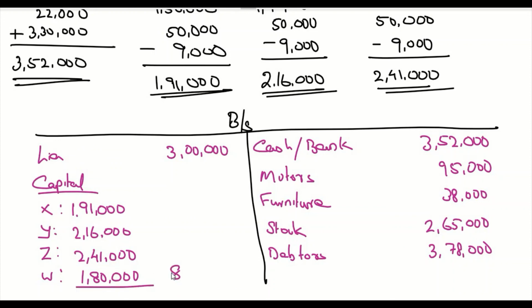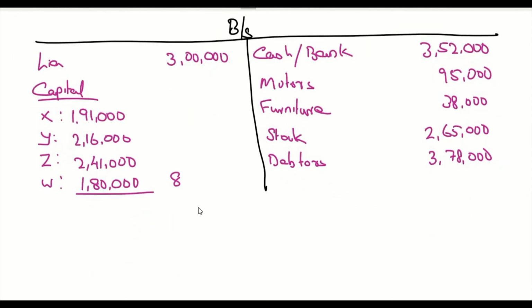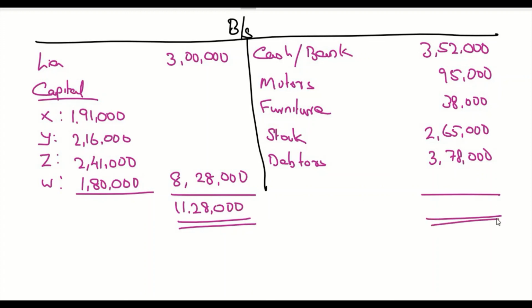That is 8,28,000. Adding together, the liability side total is 11,28,000, and on the asset side it is 11,28,000. So we completed question number 50.